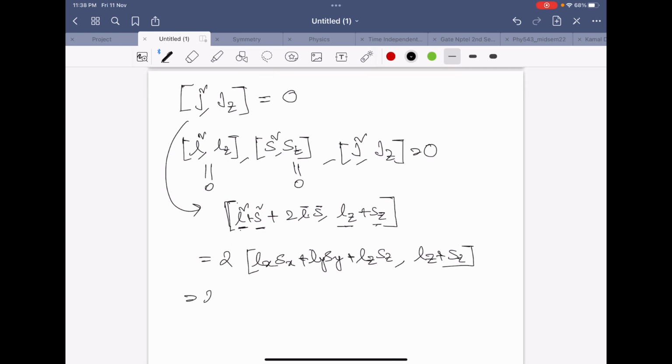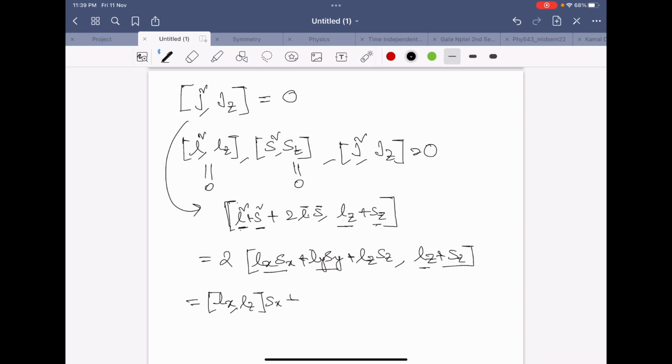The 2 is outside, so we will write it at the end of this calculation. So we take Lx Sx with Lz and then also with Sz. So we have Lx Lz times Sx, because any component of L will commute with any component of S, so Sx is outside.